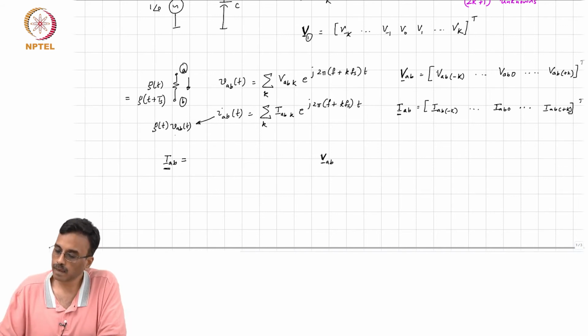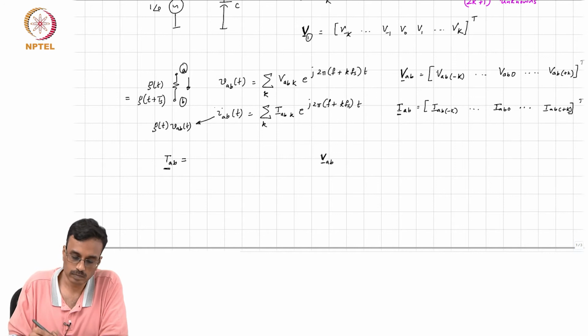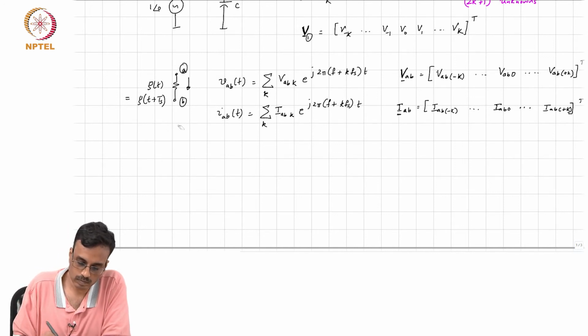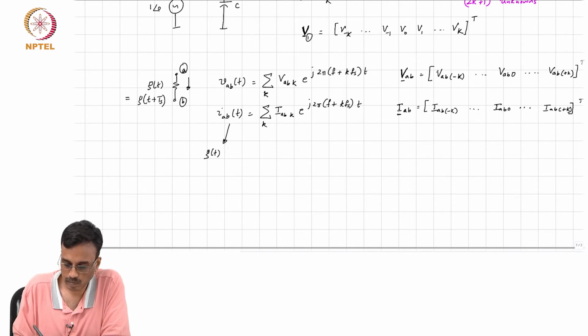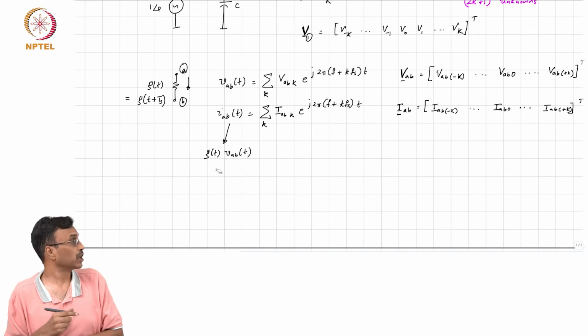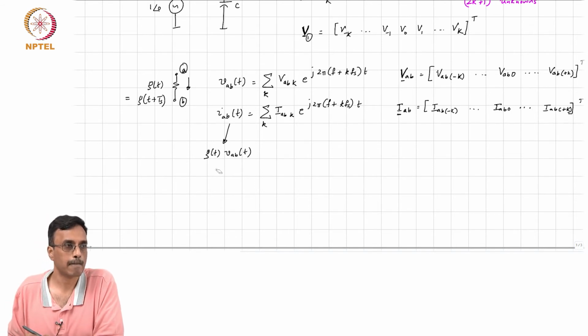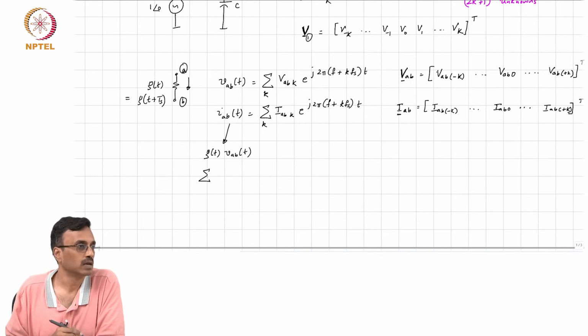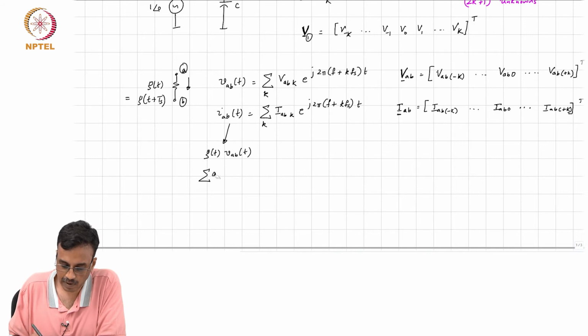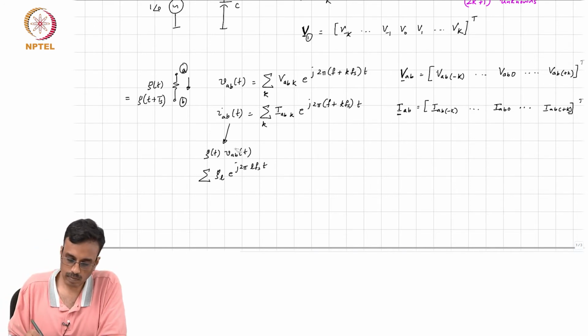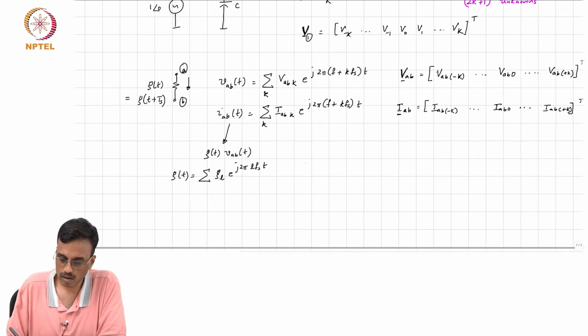And G of t is periodic, and therefore it can be expressed by its Fourier series, which is, let me use another subscript, sum of G sub L e to the j 2 pi L Fs times t. This is simply the Fourier expansion.